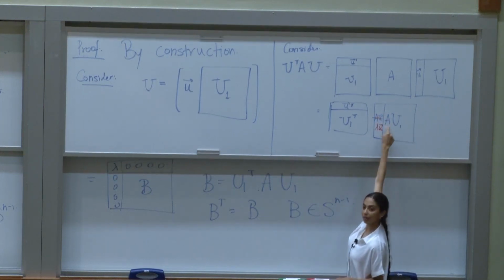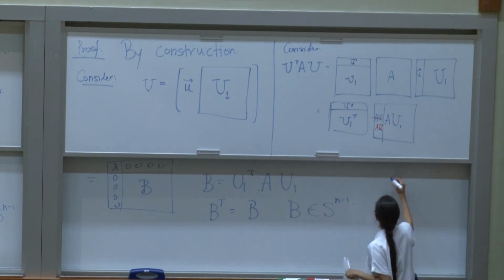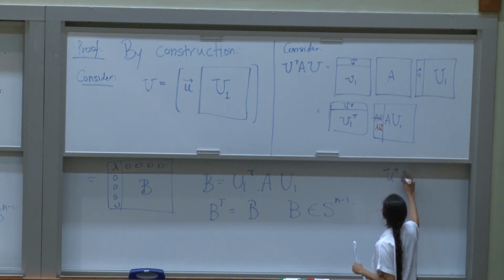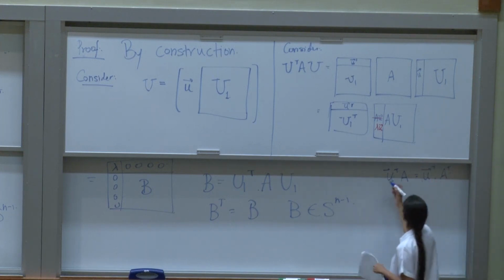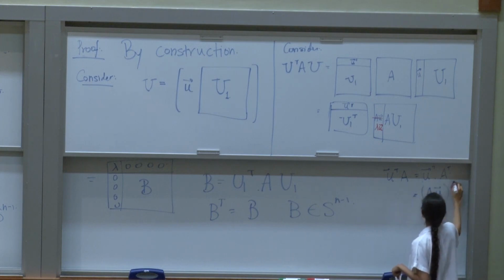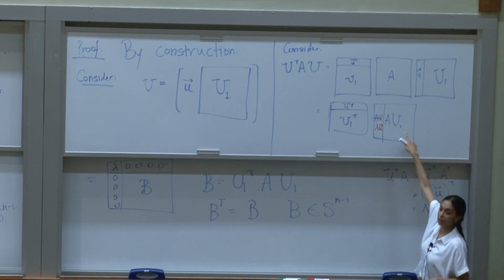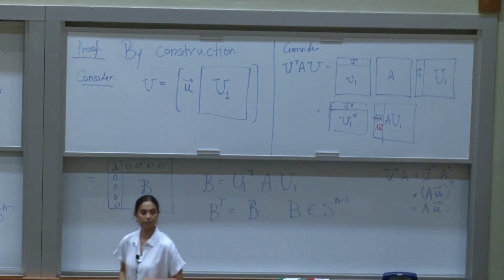Because A is symmetric, I have A is equal to A transpose. So U transpose times A is equal to U transpose times A transpose, and this is going to be equal to AU whole transpose, which is going to be equal to lambda U. Now, when I multiply this by U1, I have orthonormality, so I'm going to get all zeros, right?